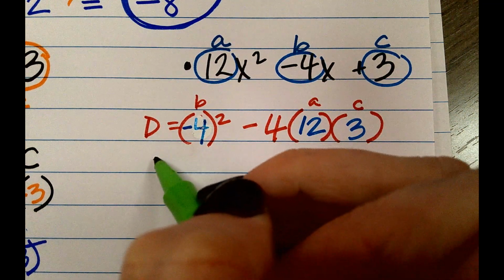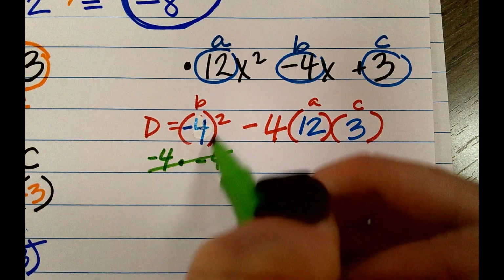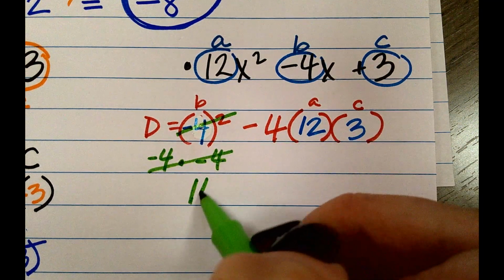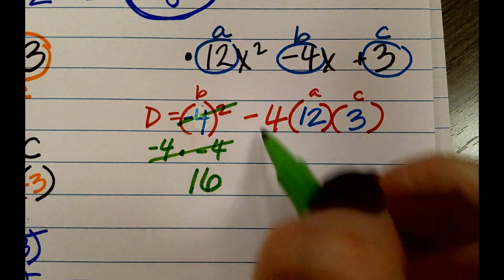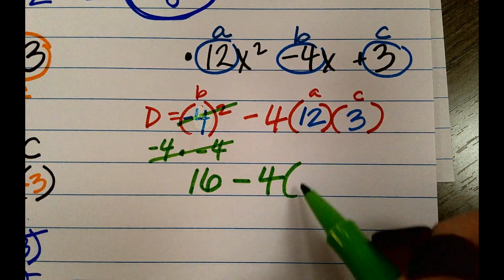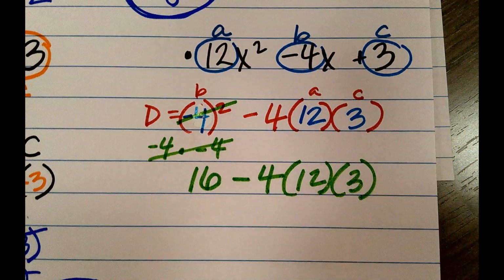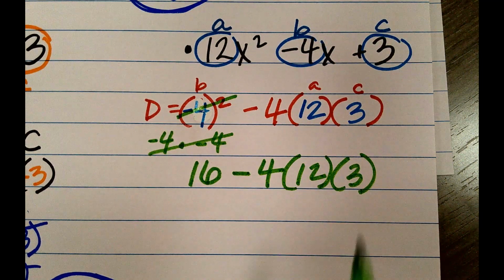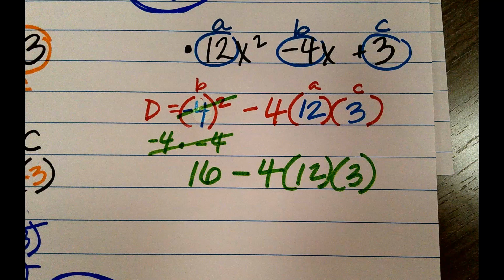I'm going to write that out. -4 times -4, positive 16. Now you write down -4, parentheses 12, parentheses 3. Perfect. Now you take 12 times 3. Okay, 12 times 3 is 36. Yes, 36.